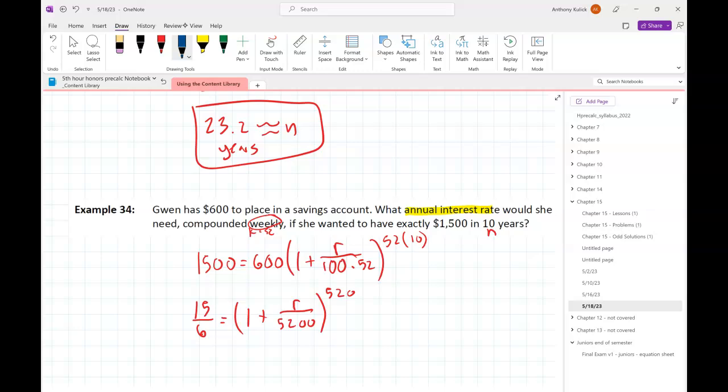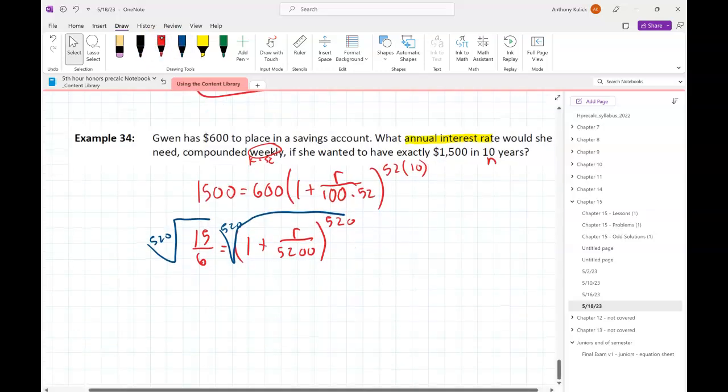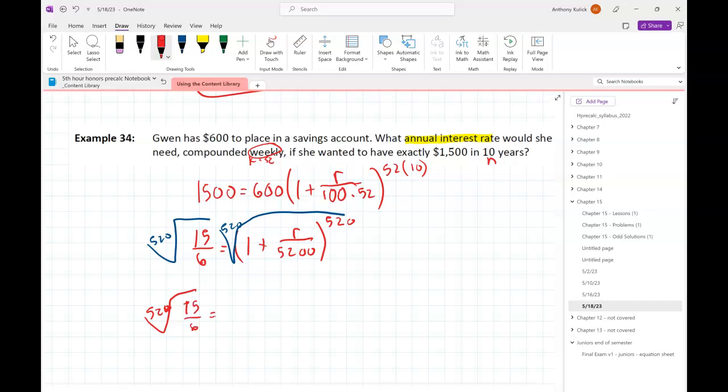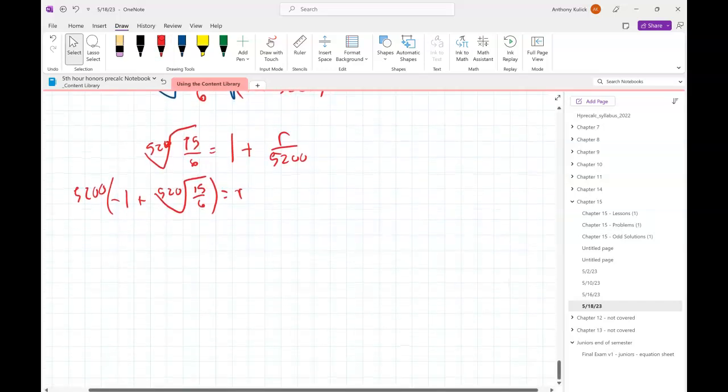Okay, not a square root though. A 520th root. Yep. So then I subtract 1. And multiply by 5,200. And that should be my R, right?